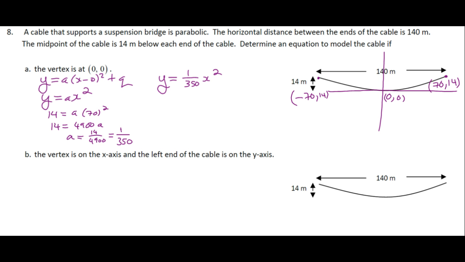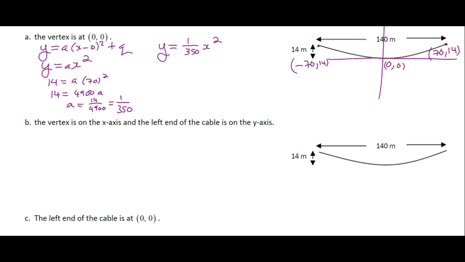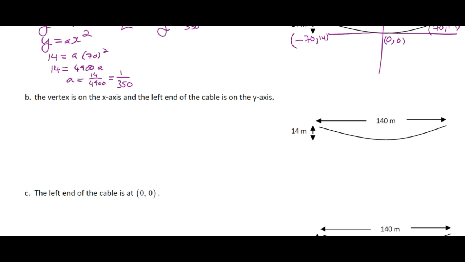Now, somebody's chosen to put the vertex on the left end of the cable. The vertex is on the x-axis, and the left end of the cable is on the y-axis. So the left end is on there, and the vertex is here. So what are the coordinates of the vertex? 70, 0, right?